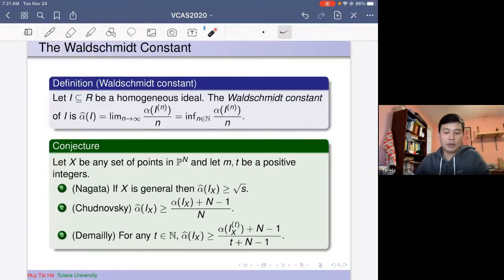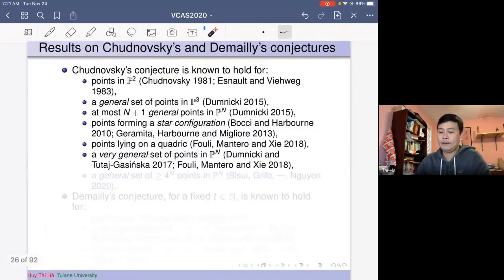So let me state the results that are known for Chudnovsky and Demailly's conjectures. There are many works about Chudnovsky's conjecture.